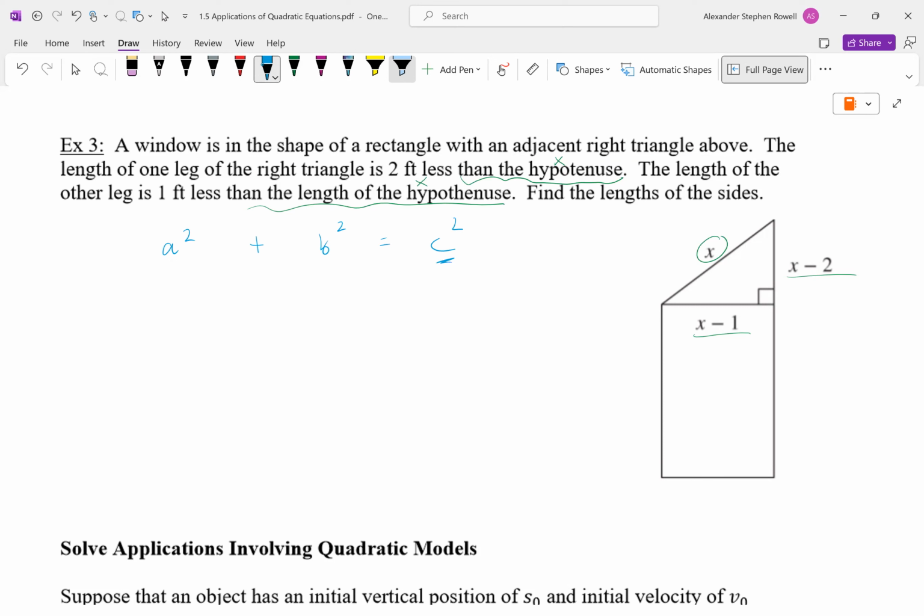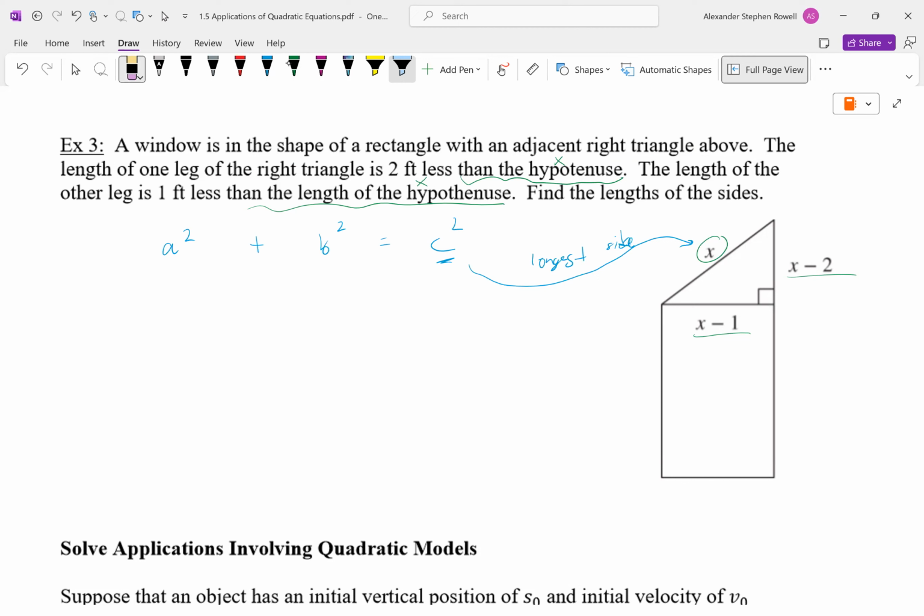C is the longest side. If you label the other ones differently, it's okay, right? Because addition is commutative. Doesn't matter if it's a squared plus b squared or b squared plus a squared. But you better get that hypotenuse right, or the whole thing will be wrong.